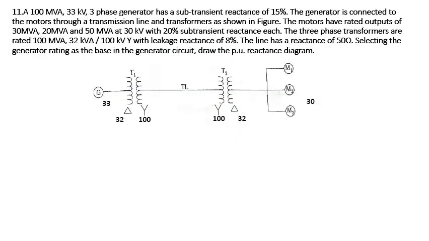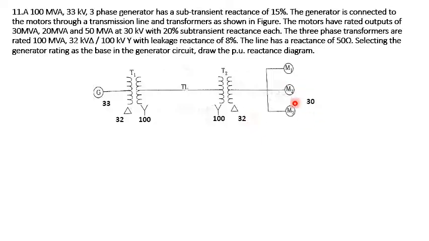Consider the numerical. A 100 MVA, 33 kV, 3-phase generator has a subtransient reactance of 15%. The generator is connected to the motors through a transmission line and a transformer, which is shown here. The motors have rated outputs of 30 MVA, 20 and 50 MVA.